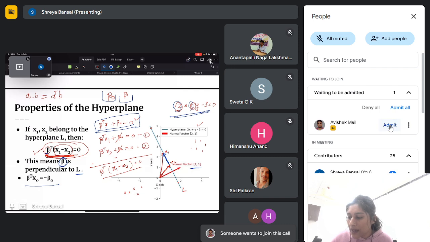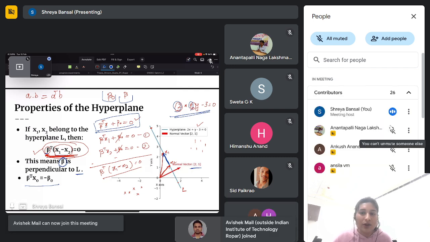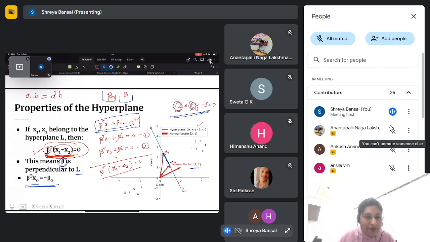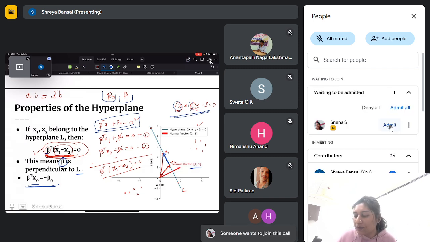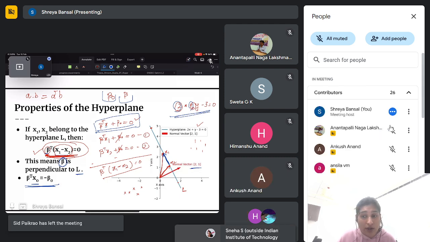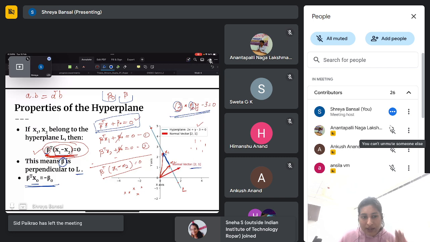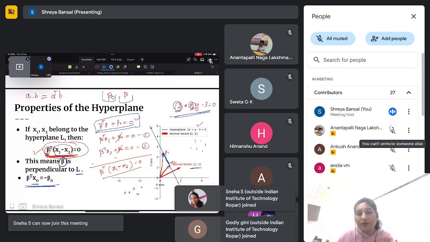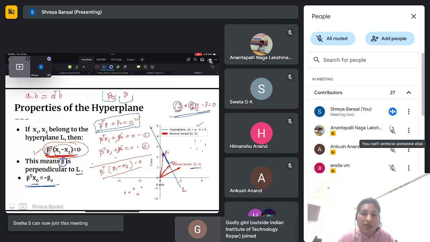If you know beta and x, you can easily get the value of beta naught. If x naught is another point which is on this line also, then beta naught can be defined by minus beta transpose x naught. Is that clear? So in this way, we have defined the betas in relation to this hyperplane. Is that clear?